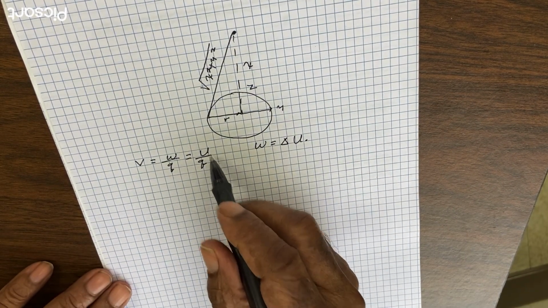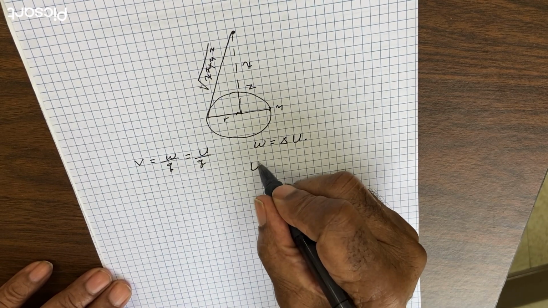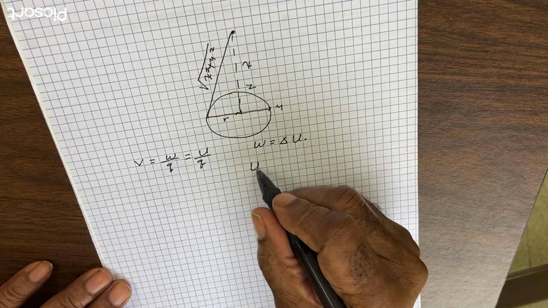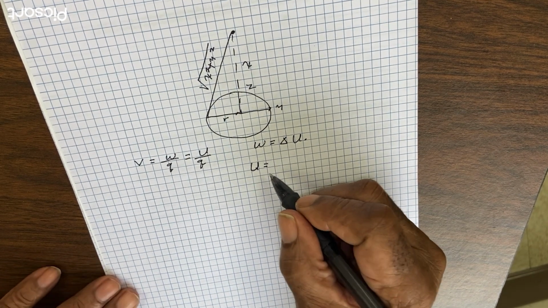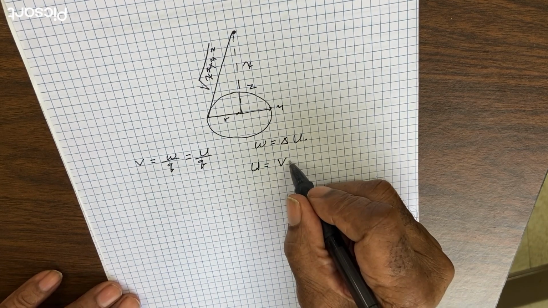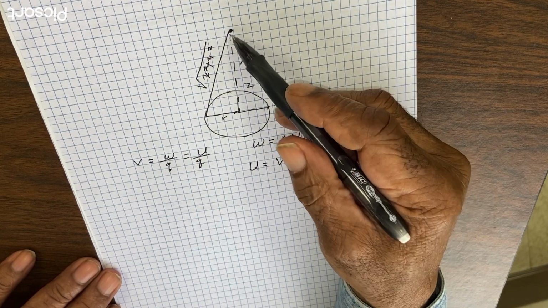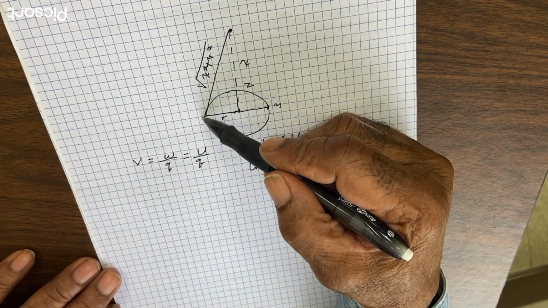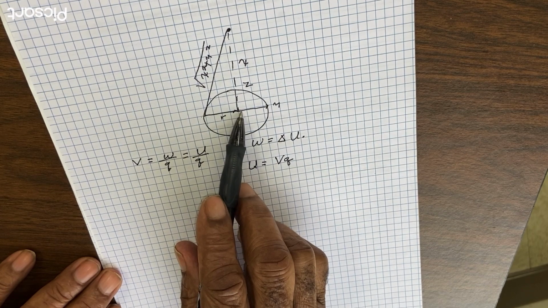So when we look at this, potential energy is equal to V times Q. We're going to follow this path and then this path to the center.